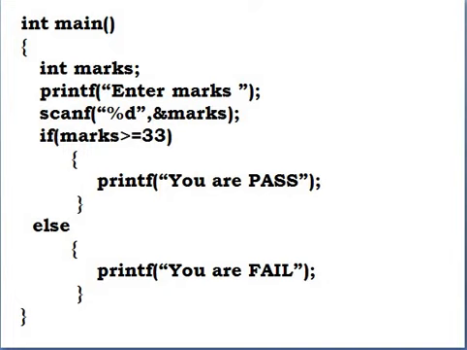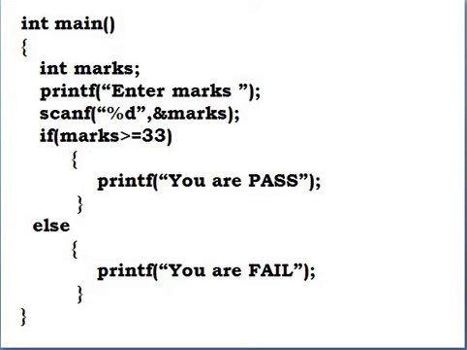If marks is greater than or equal to 33, then the student will pass. If the marks do not satisfy the condition greater than or equal to 33, then automatically control will go to the else block and it will print you are fail.